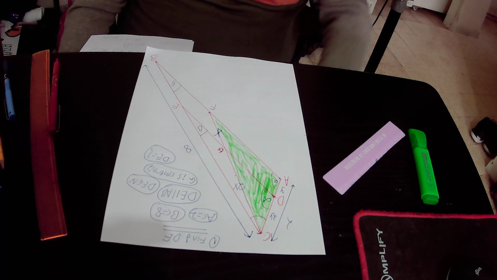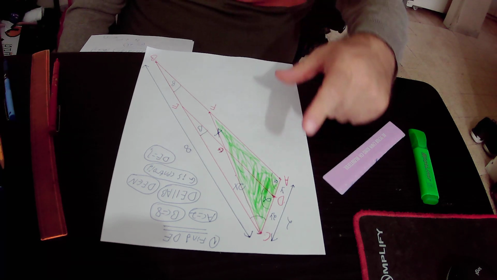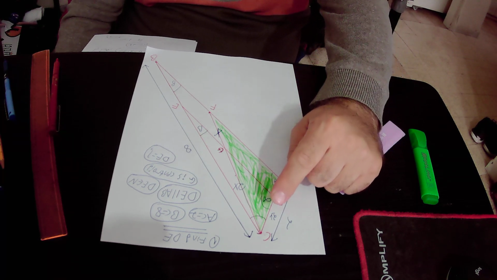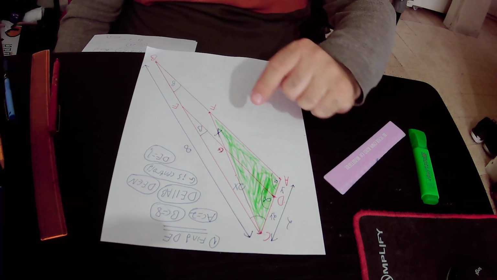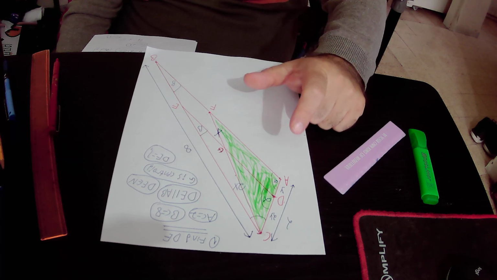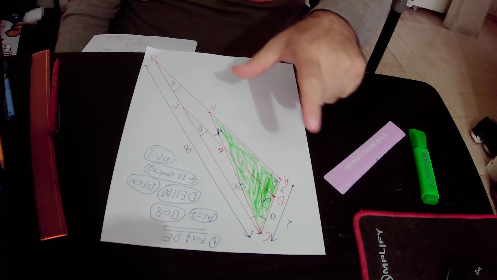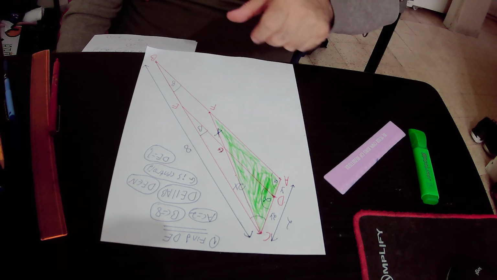And the median of any triangle is a line segment that exits from a vertex of the triangle and bisects the side that it hits. CF hits side AB of triangle ABC, therefore it bisects it.